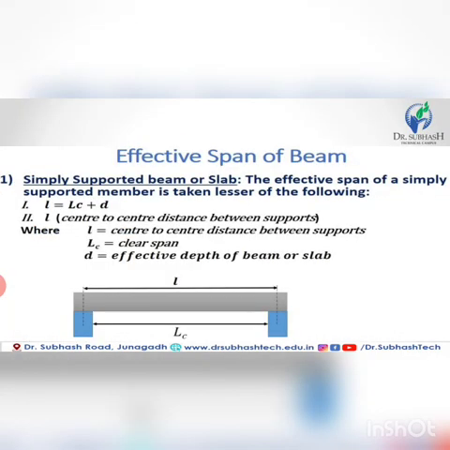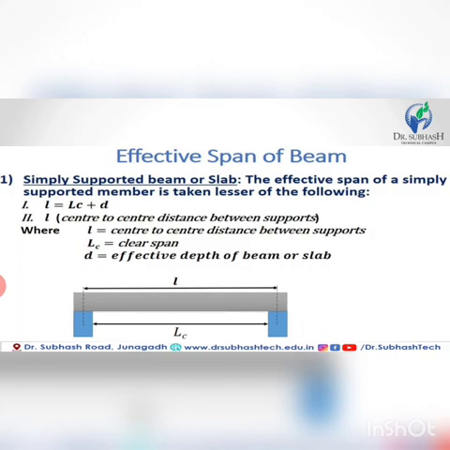Last point, effective span of beam. First, simply supported beam or slab. Effective span of a simply supported member is taken as the lesser of the following. First, clear span plus effective depth is called effective span.